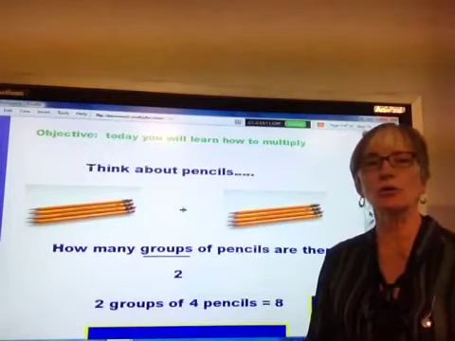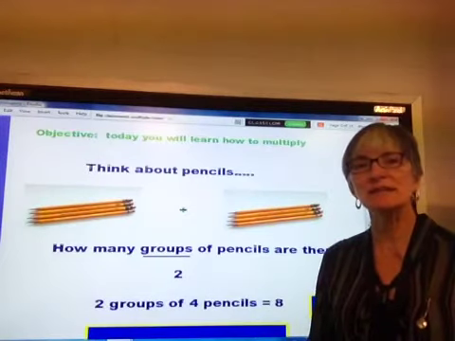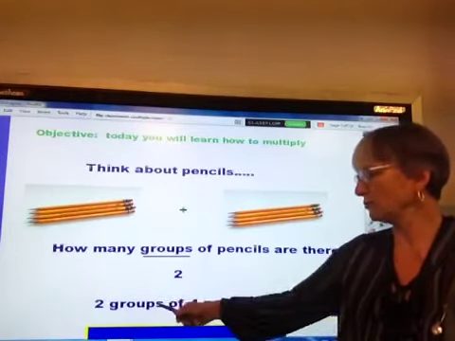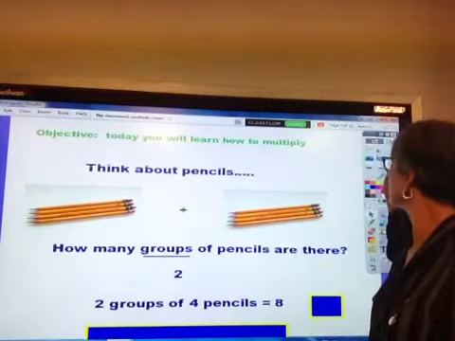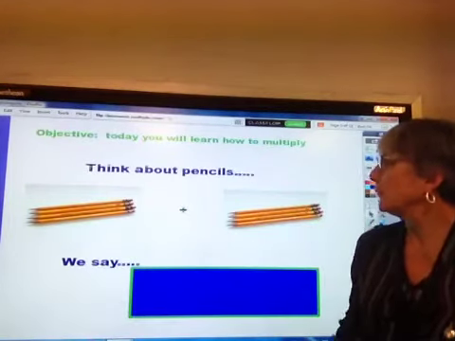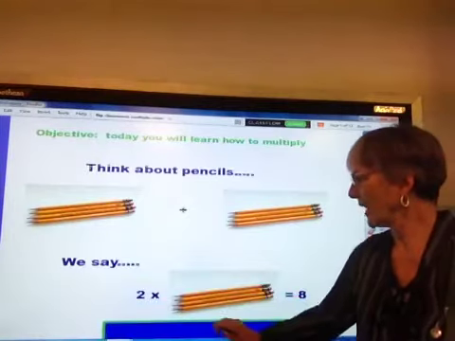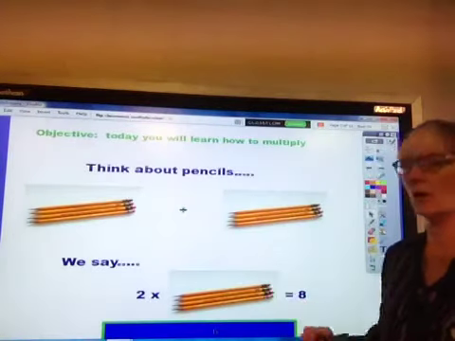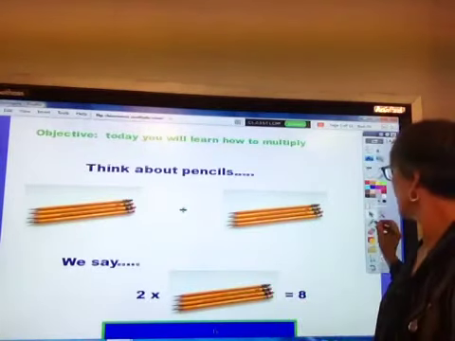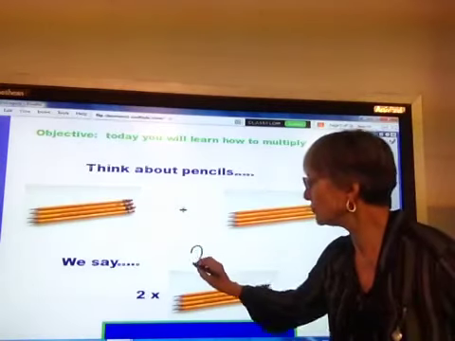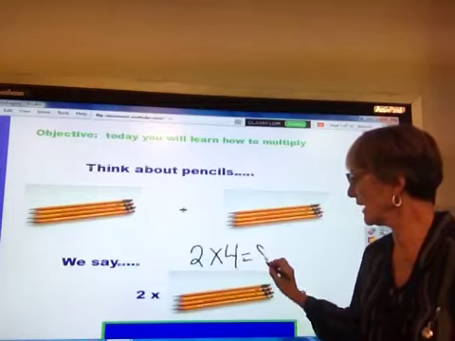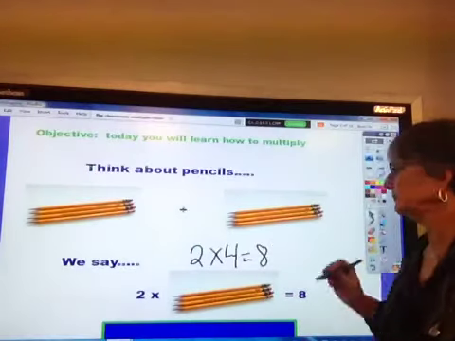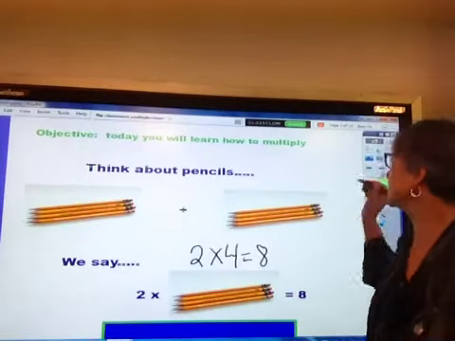There are 2 groups with 4 pencils in each group. 2 groups of 4 pencils equals 8. We say 2 times 4 equals 8. That's multiplication.